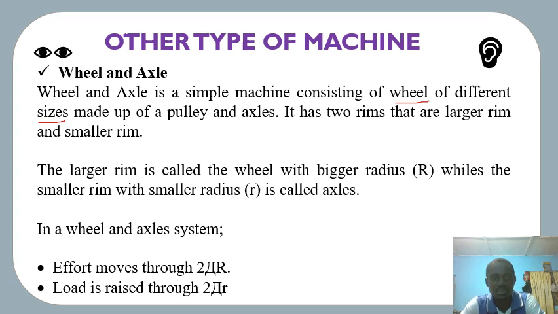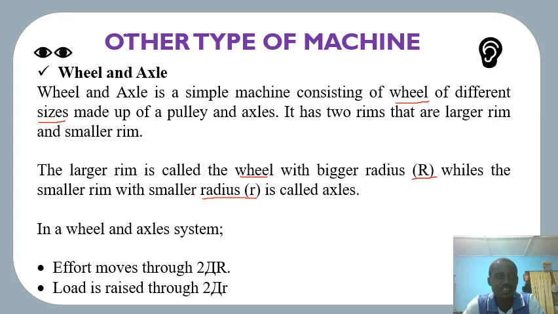The larger rim, with the bigger radius, is called the wheel, while the smaller one, with a smaller radius, is called the axle.